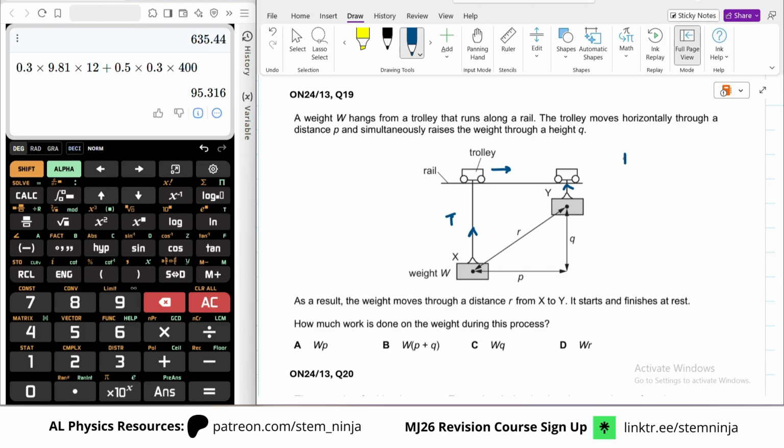That means the tension force, since it starts and finishes at rest, means that the net kinetic energy would be 0. So the net work done is just the change in height. There is no force acting on the weight parallel to this direction. It's only in this direction. So it's just mgh, which is W times Q.